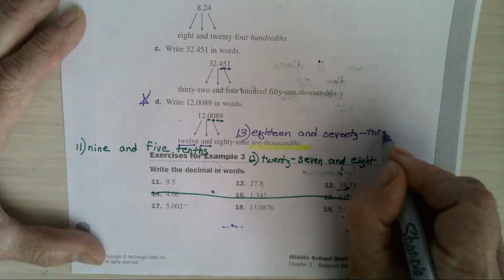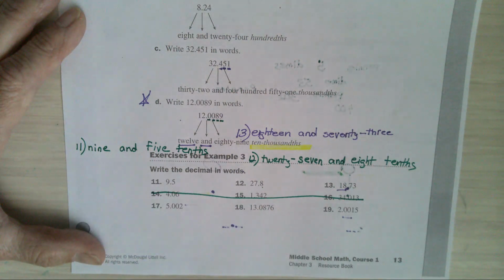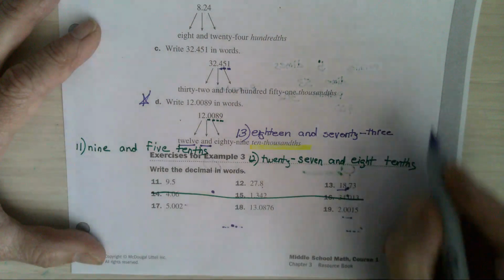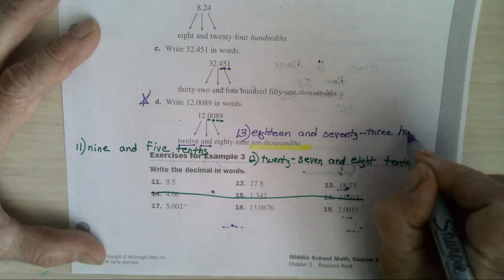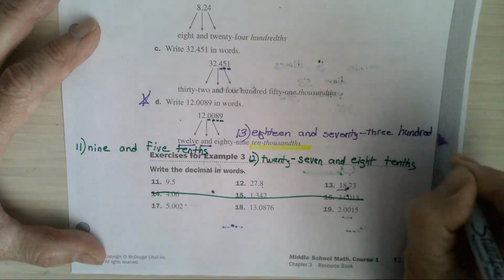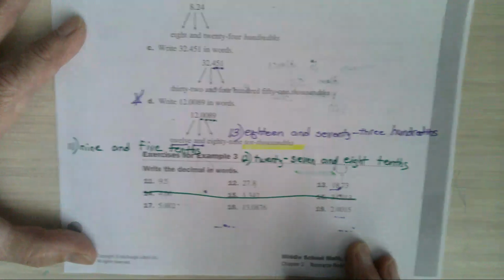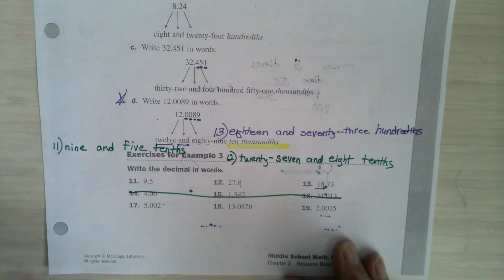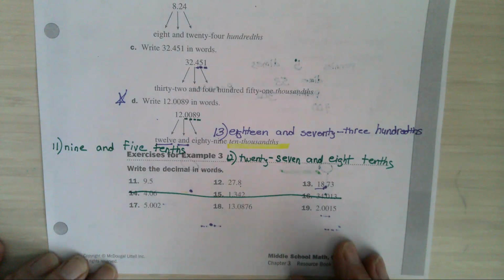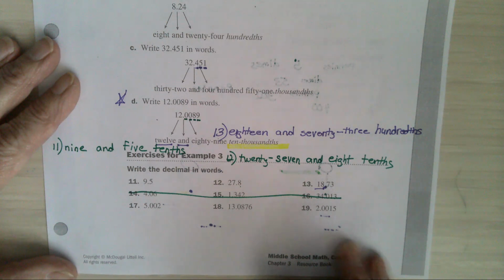Now I need one more word. What place is the 3 in? Yes. Hundredths, yes. H-U-N-D-R-E-D-T-H-S. Kids are doing a really nice job. I hope you're all writing this down.